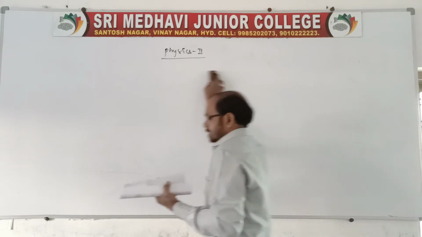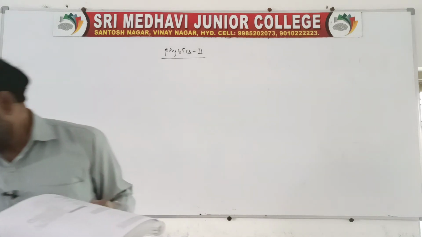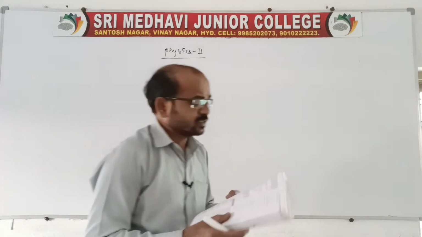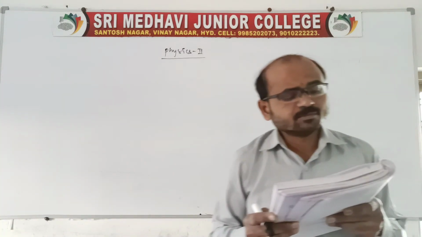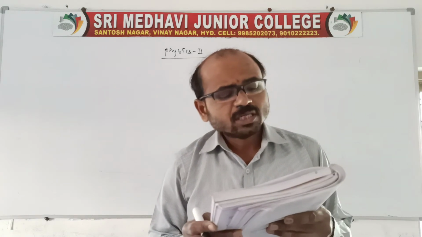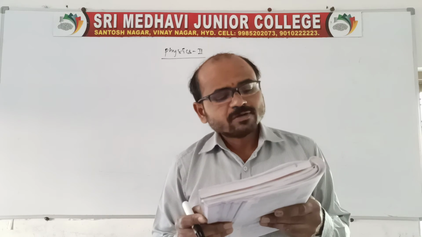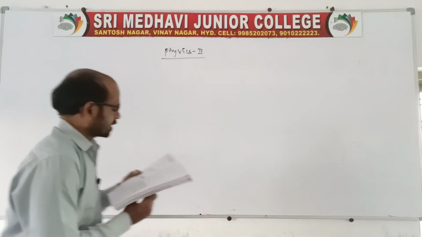Right. Look at the question, page number 247, question number is 8. A solenoid of an insulated wire is wound on a core with relative permeability, given as mu r.